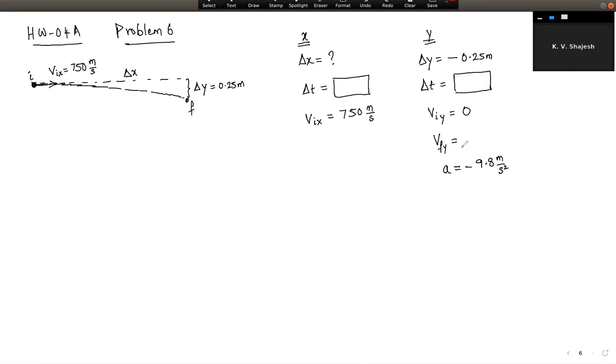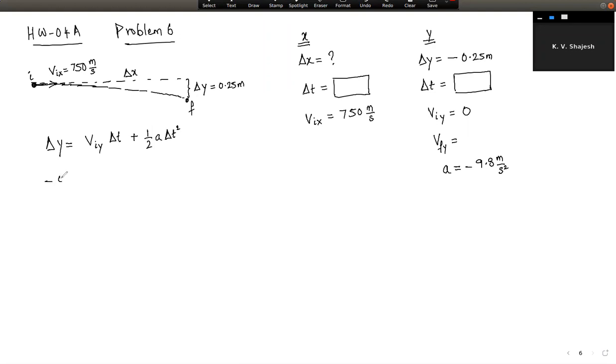The final y is missing, so delta y is equal to v initial y delta t plus half a delta t squared. It's almost identical to problem 3 that we did, where a student was sliding a mass off a table. So at least strategy-wise it's the same, but the storyline changes and the interpretations change.